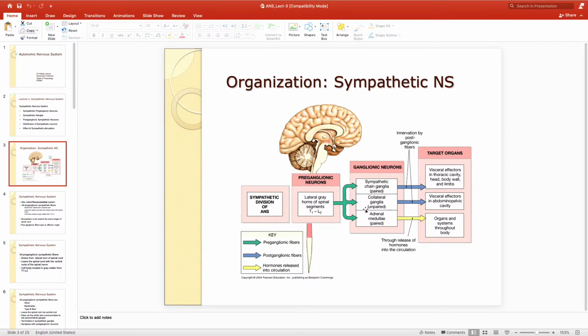And of course, judging from the ganglion neurons where they are released, we have the target organs and where they are working. For example, visceral effectors, mostly for the thoracic cavity. It will be our head, body walls, and limbs, or the collateral ganglion, which are unpaired.